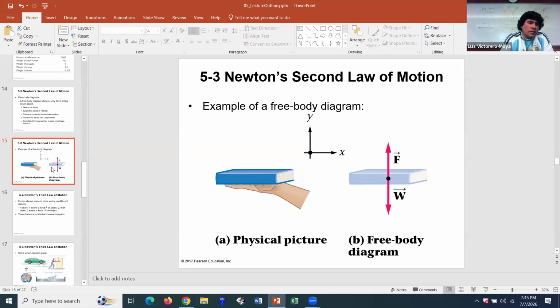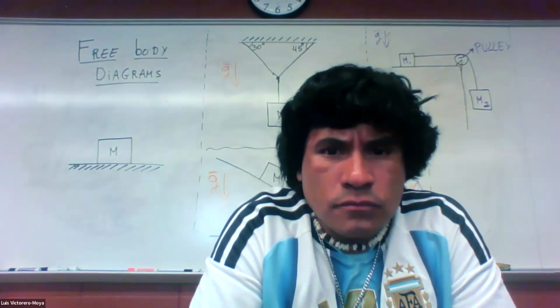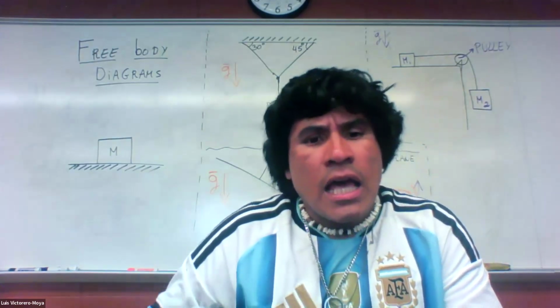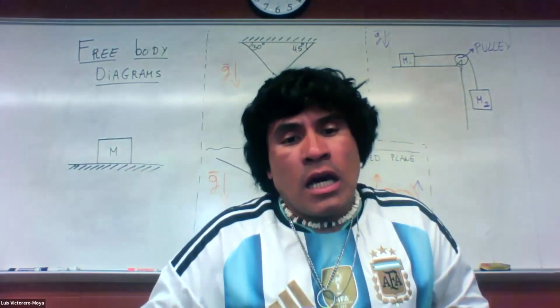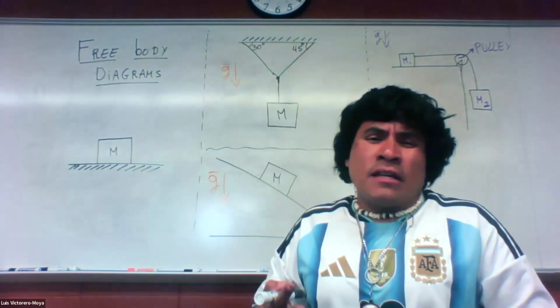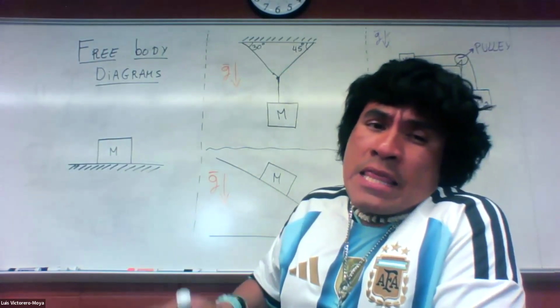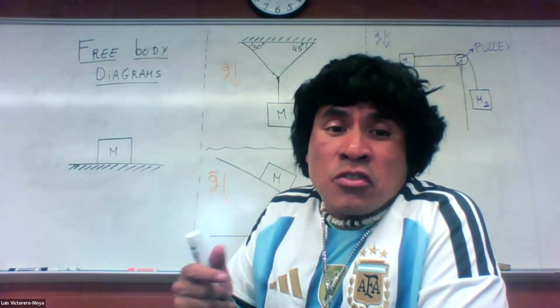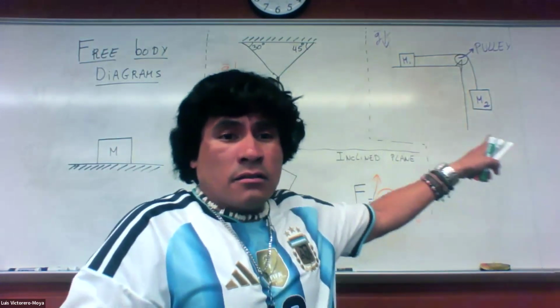Now be careful because normal forces come in a variety of ways, and I will show you that with some examples here. But now let's show you the free body diagrams and how you do them, and then we can start doing some examples, all right? I will start with equilibrium, and then we can go a little bit with acceleration, and then there are some situations like, for example, that.